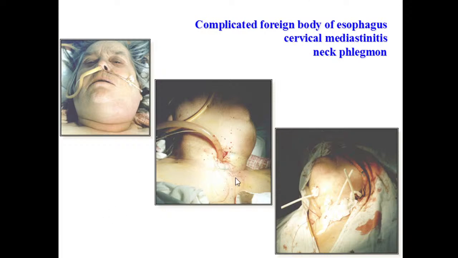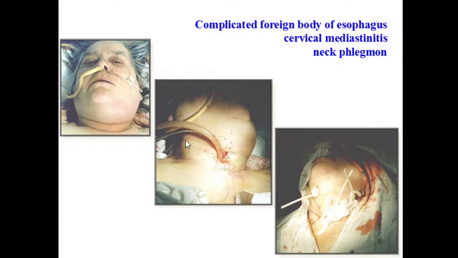In this case, the foreign body may make a trauma of the esophagus with perforation, and infection may spread to the spaces of the neck, with formation of neck phlegmon and cervical mediastinitis.